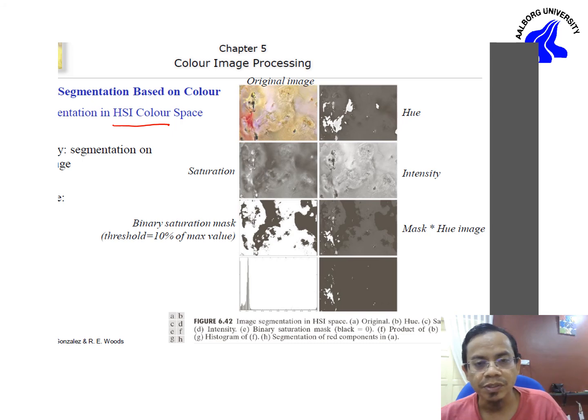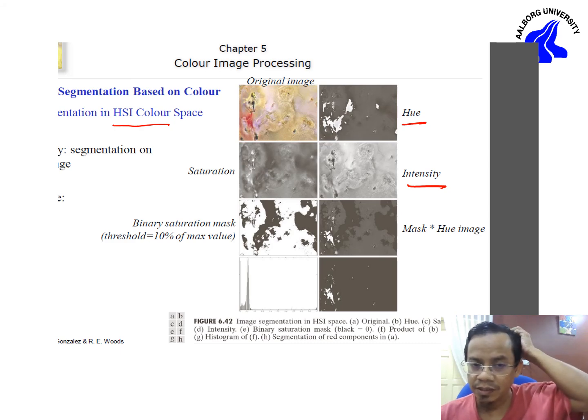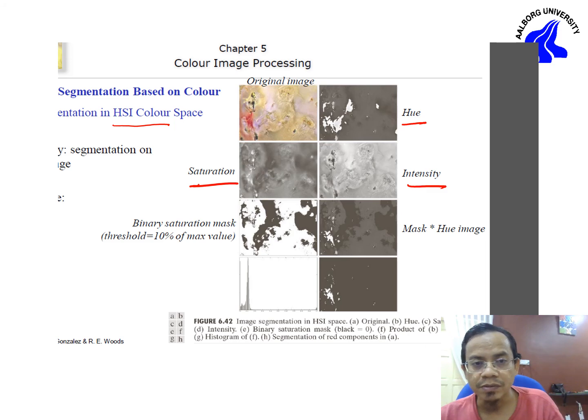Then when we analyze the original image in HSI color space, we get hue, intensity, and saturation. So we can use these three components to do segmentation based on color.